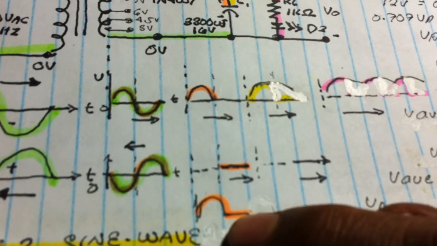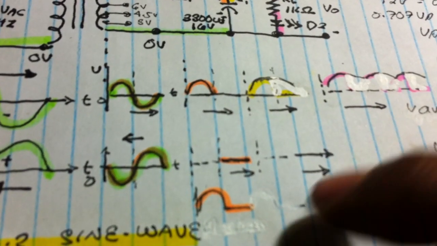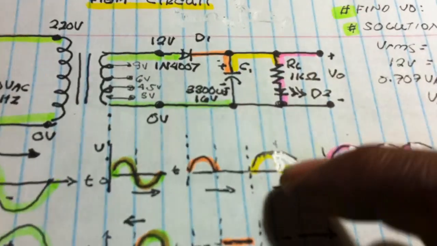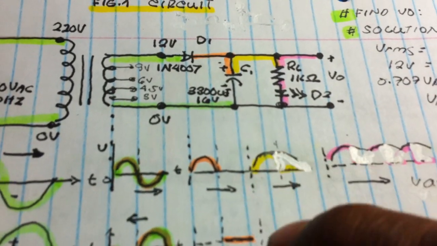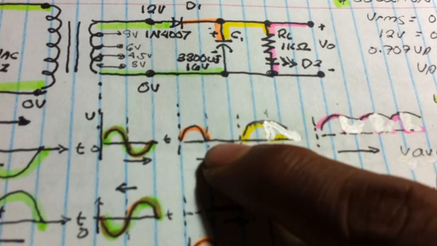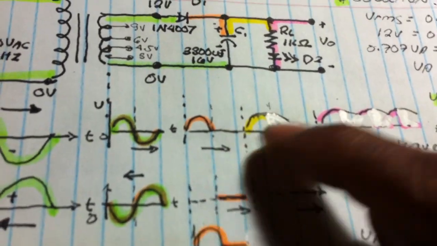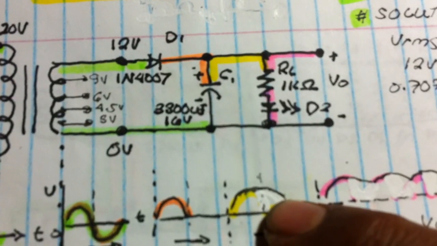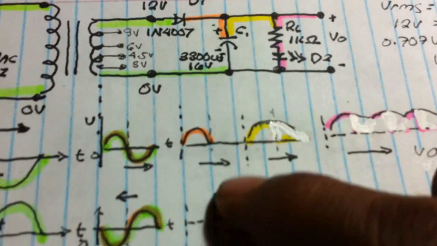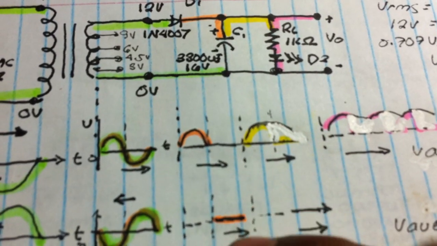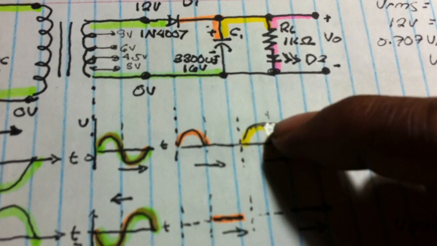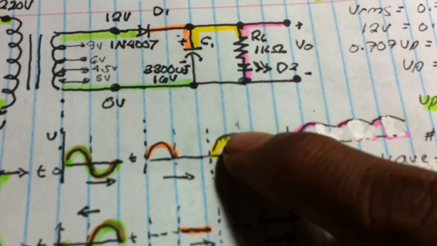The output of the half wave is this, pulsating. With the use of the capacitor, it helps to delay, smoothing out the flat side of the output. Just like this one, patching during the zero value, that's the time the capacitor is discharging.